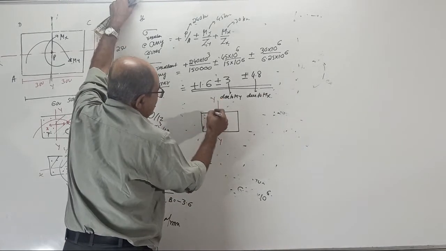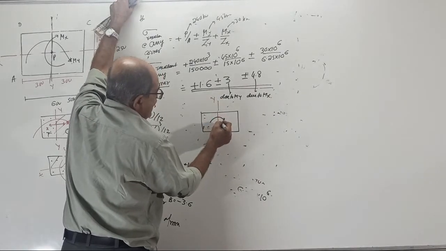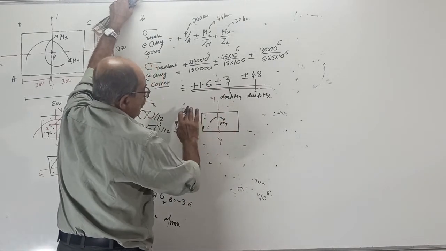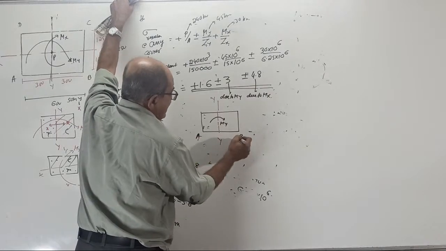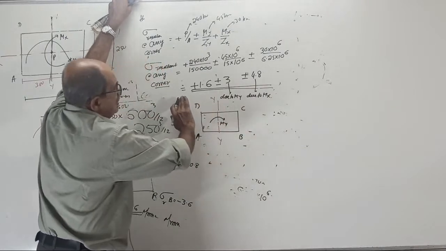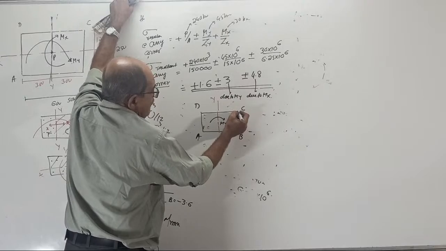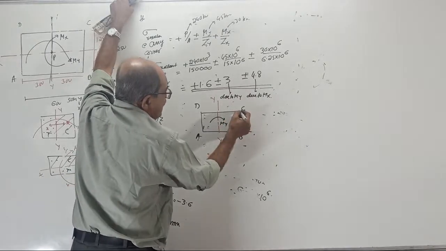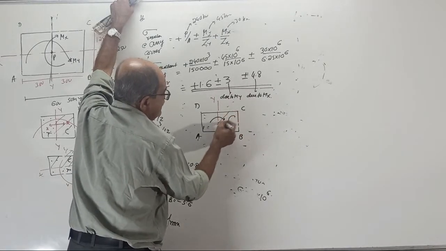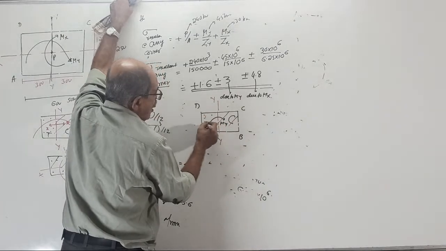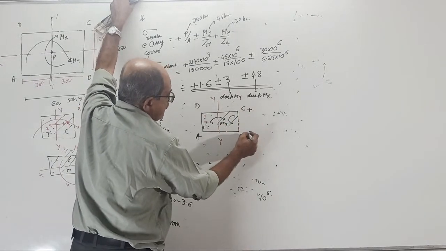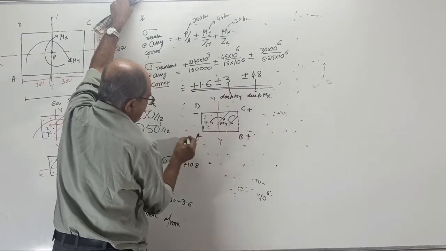Our moment is this way. My is like this. Therefore, if you take ABCD, due to My, what happens now? This is compression, this is tension, or here plus, here minus, here minus.